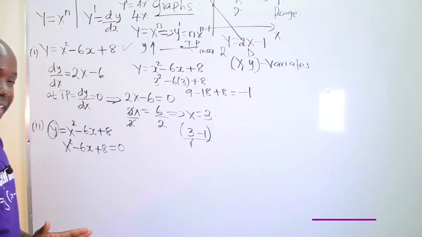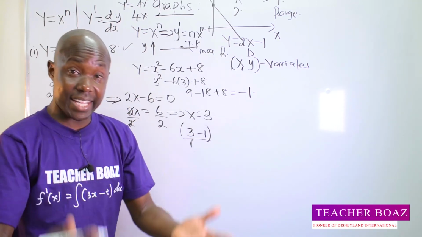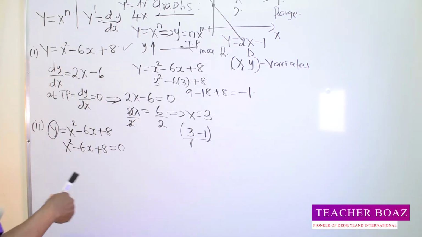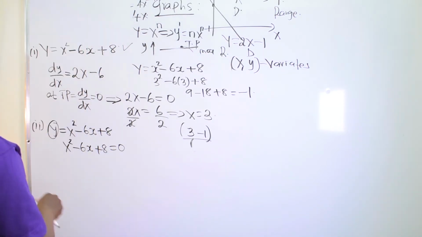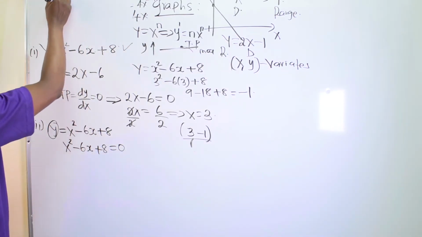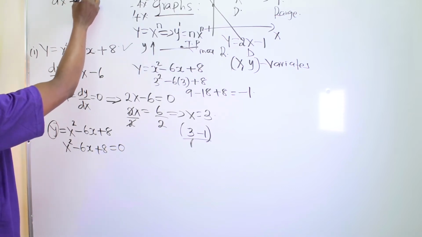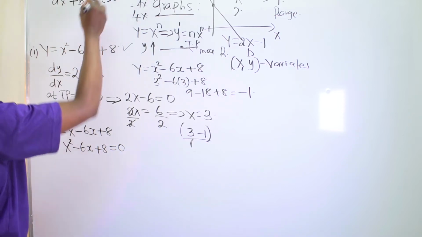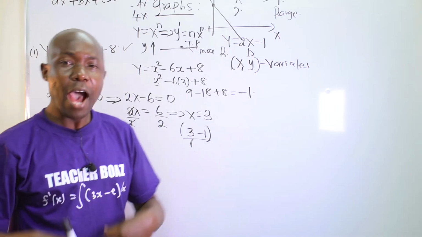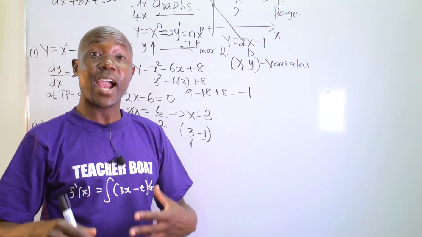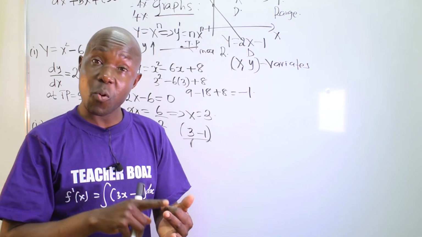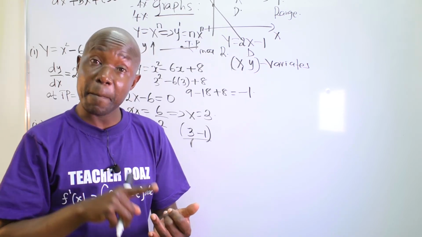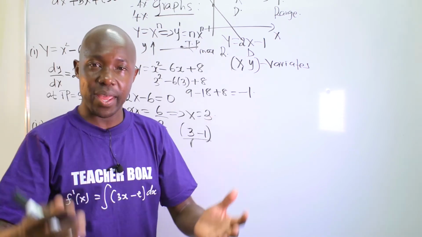You can see what it has resulted in. That is now a quadratic equation. And I taught you guys that a quadratic equation is in which form? A quadratic equation is in the form of ax squared plus bx plus c equals 0. How do we solve a quadratic equation? We can solve it by using the completing square method, by using the quadratic formula, by using product and sum, or by drawing the graph.